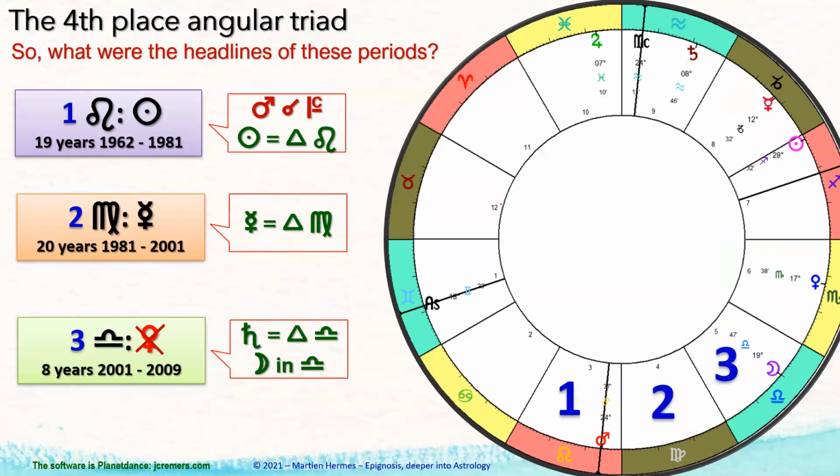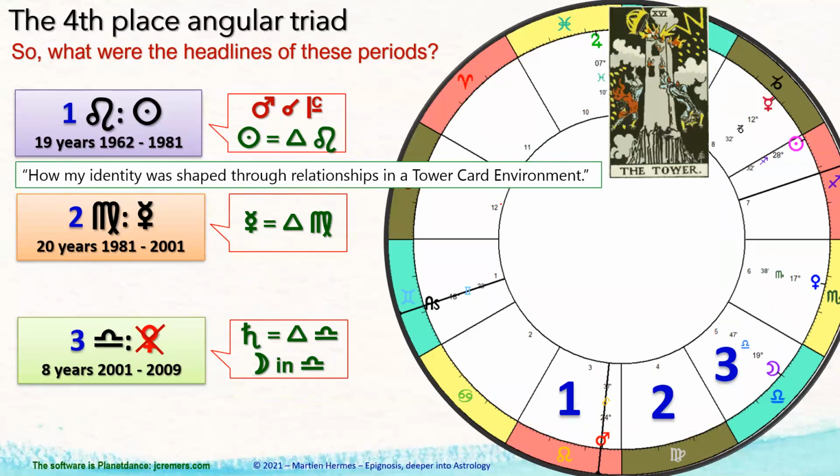Okay. So again, we try to see what are the headlines for this period, because each period now has a certain ruler and what's going on in these periods. And these are, of course, very general delineations and expressions about what each period signified. So you said very acutely how my identity was shaped through relationships.